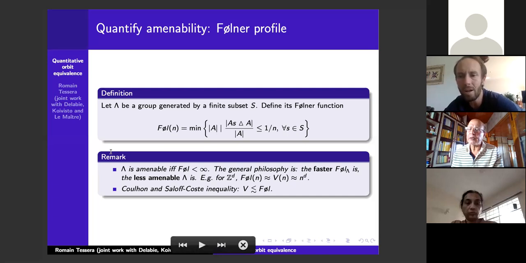Statistically bi-Lipschitz in some sense. If you want, this quantitative orbit equivalence is like some kind of statistical bi-Lipschitzness. You measure the probability somehow that points are mapped at the same distance.